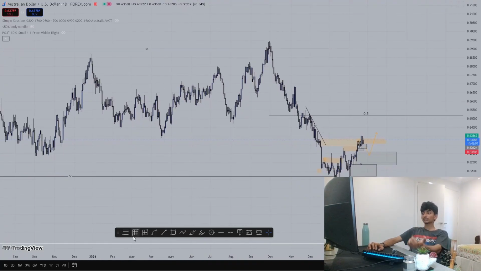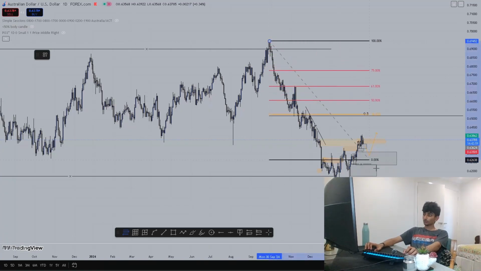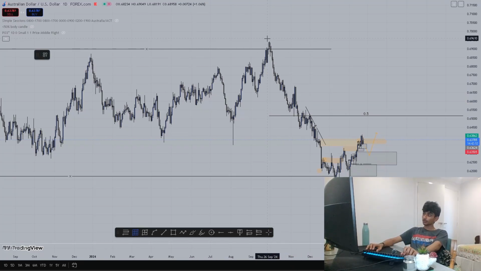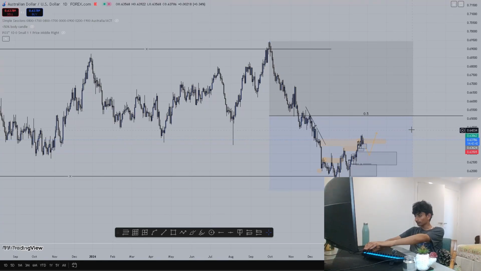Why the 0.5? Because that's premium versus discount. If we draw in the Fibonacci retracement, we see the 0.5 is right here, or you could draw in the PFD, premium versus discount, and that is perfectly on the premium versus discount. So that is what we're targeting for the next few days.